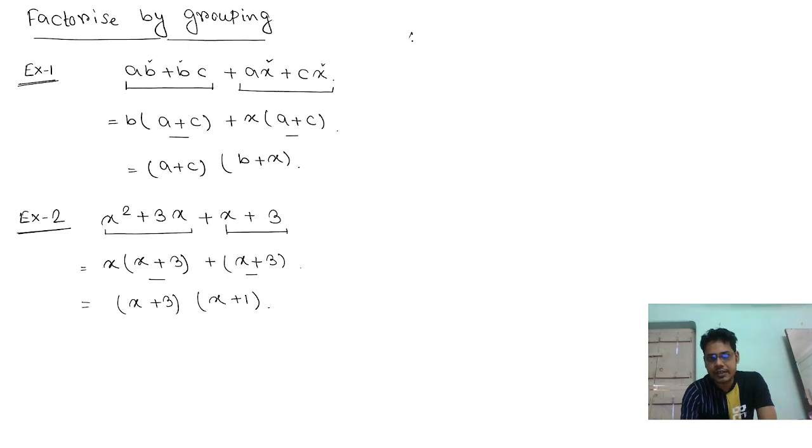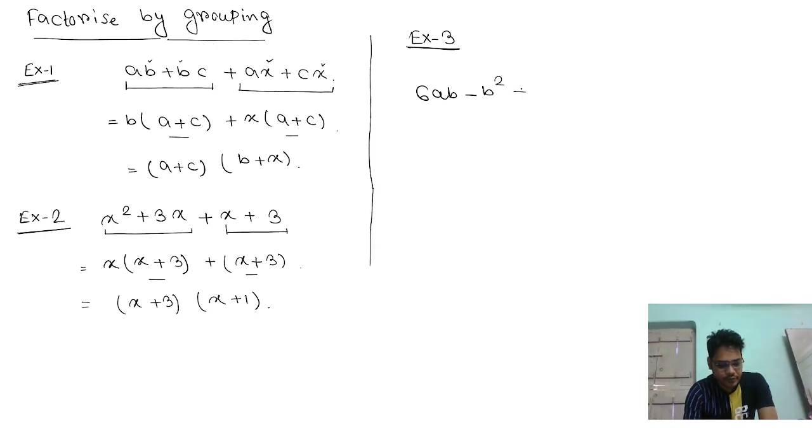Now coming to another example, example number 3. It is given that 6ab minus b squared plus 12ac minus 2bc, you have to make groups first. So here in the first two terms you can say that b is common. So if you take b common, there will be 6a minus b.